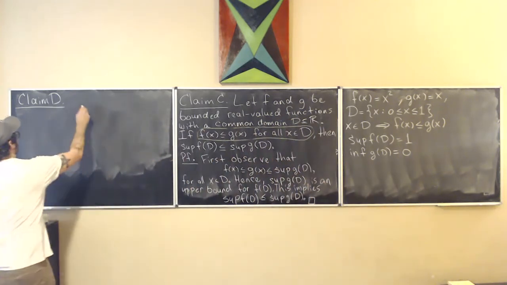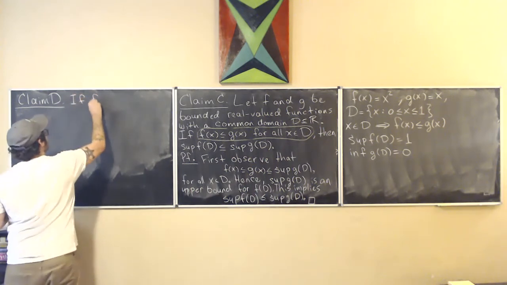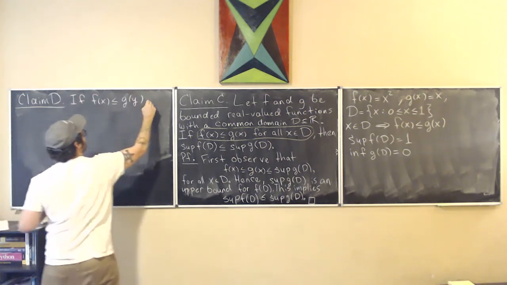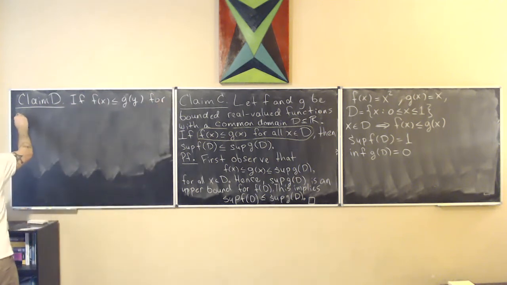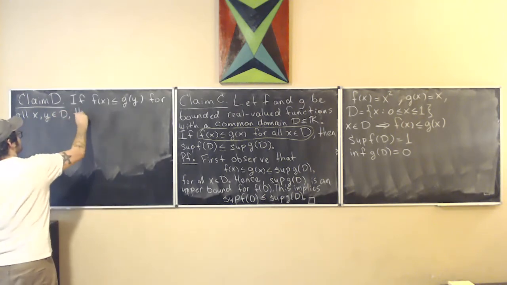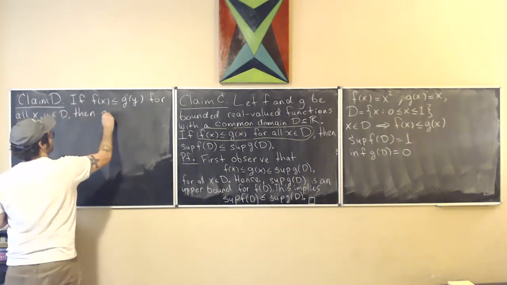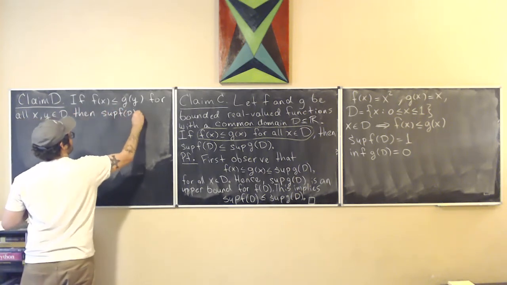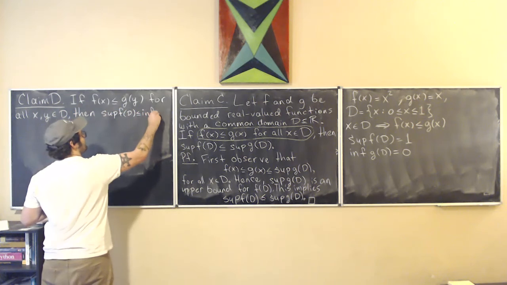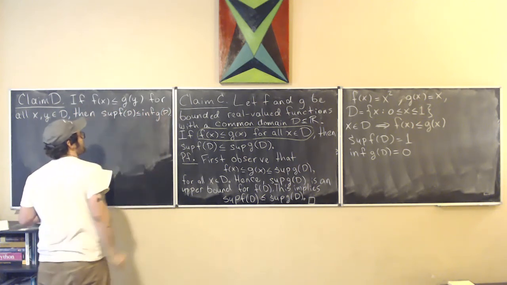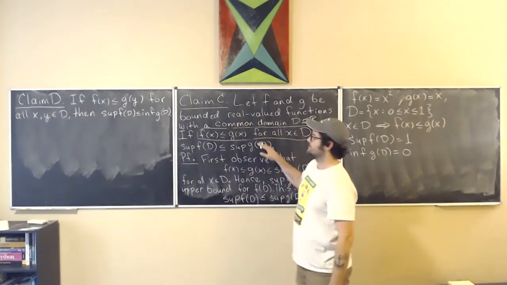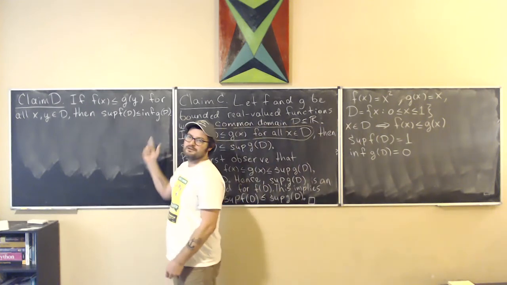And what changes? It states that if f of x is at most g of y for all x and y in the domain, then we can say that the supremum of f on D is at most the infimum of g on D. Take a moment to look at how this claim seems very similar, but now we're getting the supremum bounded above by the infimum.